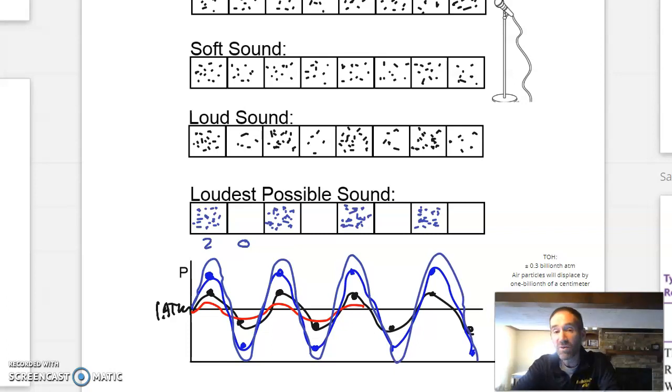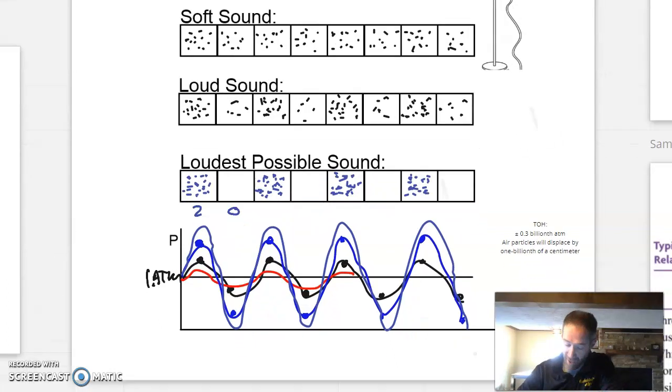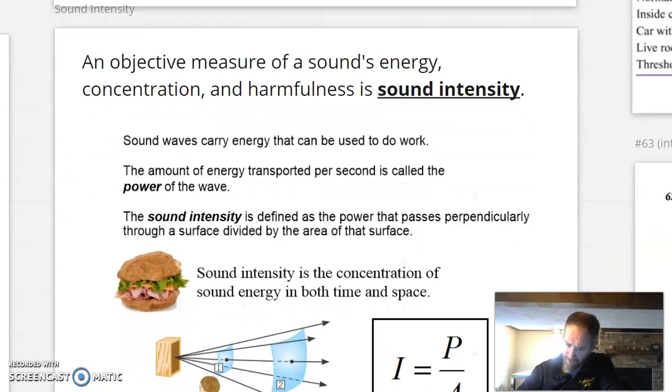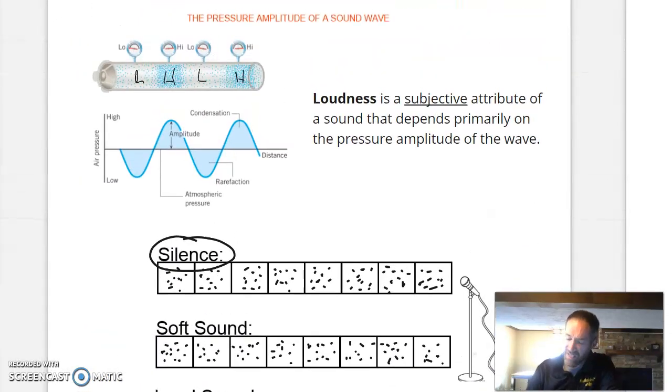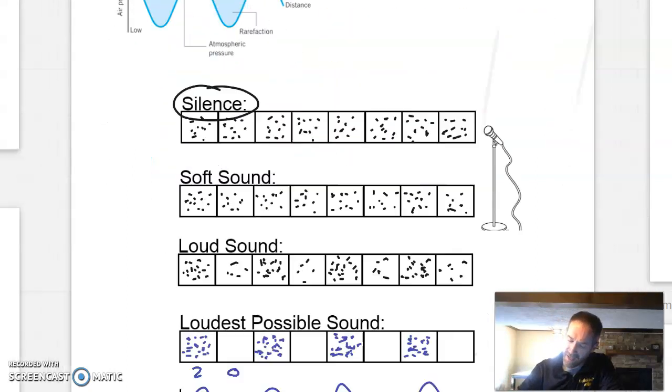So anytime you want to see the volume, anytime you want to see the intensity, you look at the amplitude, and we've known that for a while. Now, loudness, as I said a few times, it's a subjective measure of the amplitude. It's going to vary a little bit person to person to person.